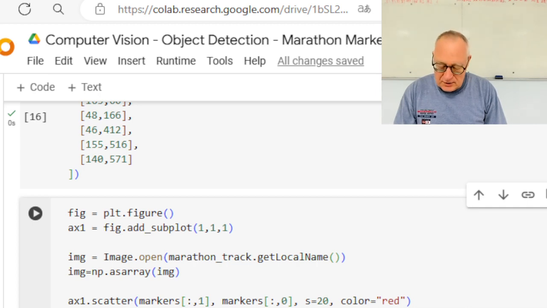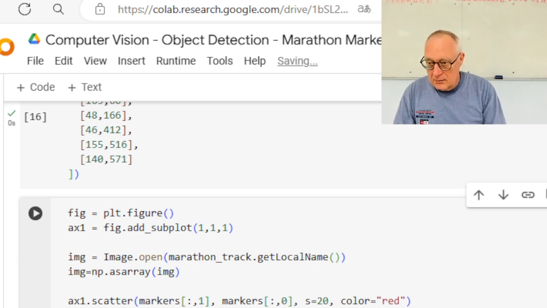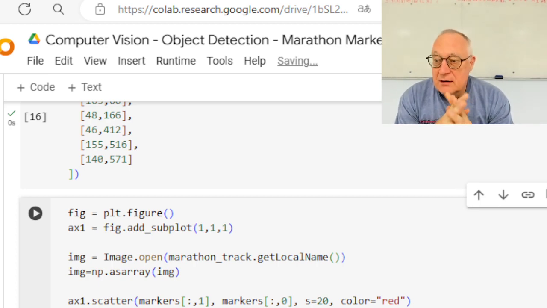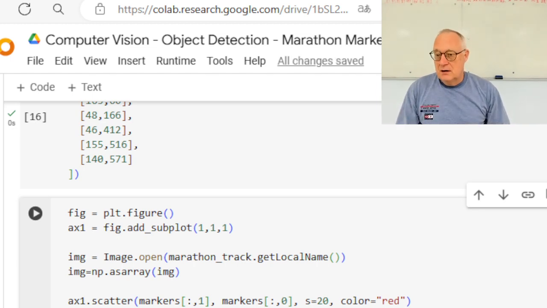For x, y, x, for mx, my in markers, then we need to cover the xy coordinates first. So that would, now there should be my, mx.